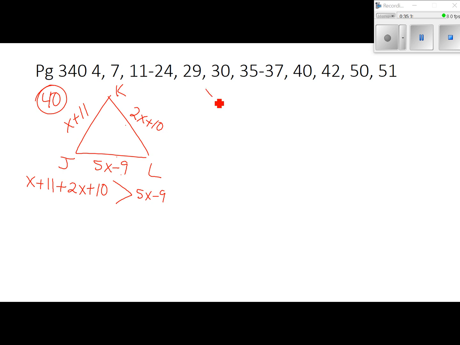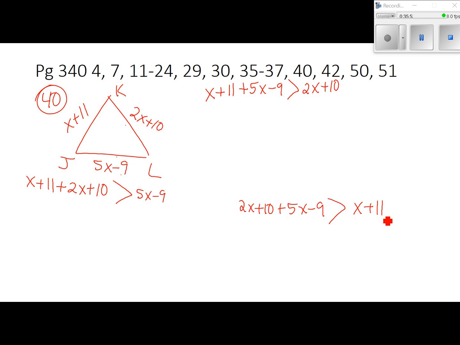I'm going to come over here and write the other two inequalities out. x plus 11 plus 5x minus 9 has to be greater than the other side, which is 2x plus 10. And then the third thing is 2x plus 10 plus 5x minus 9 has to be greater than x plus 11.